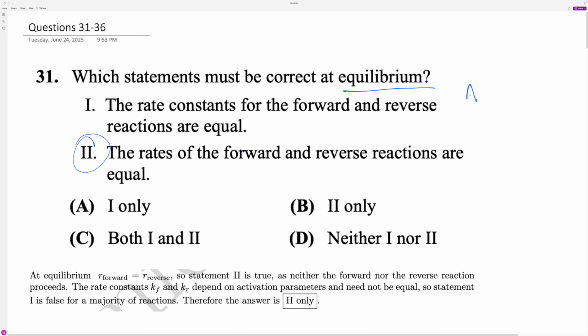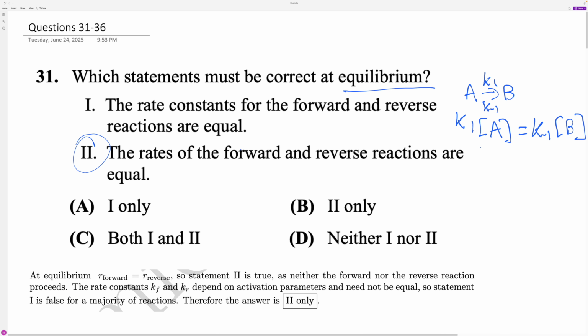So if we have a general reaction, A goes to B, just a simple reaction. Since we've established the rates are equal, let's say this has rate constant K1 for A to B, and then B to A has rate constant K-1. We have K1[A] must be equal to K-1[B].